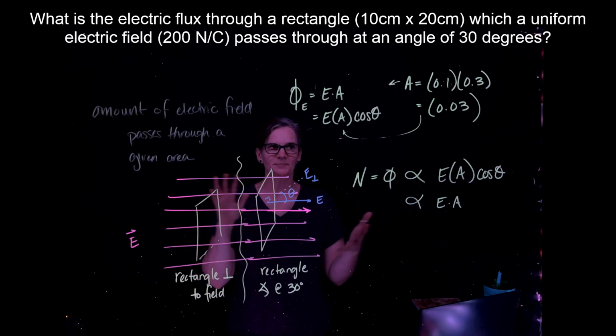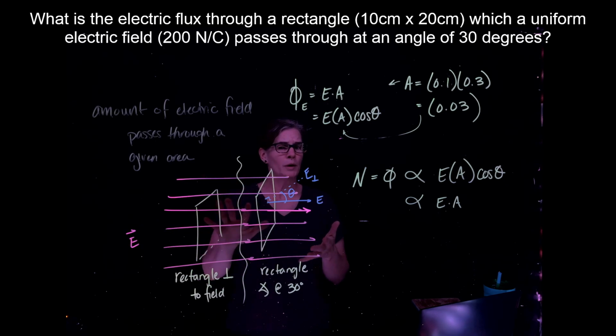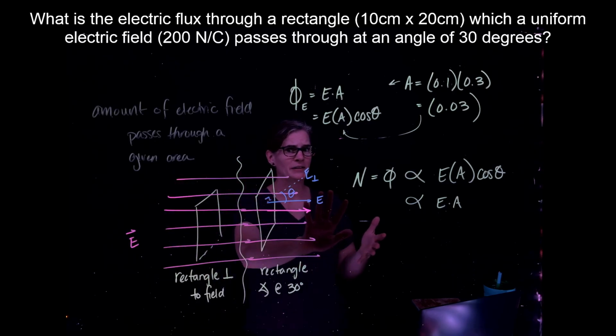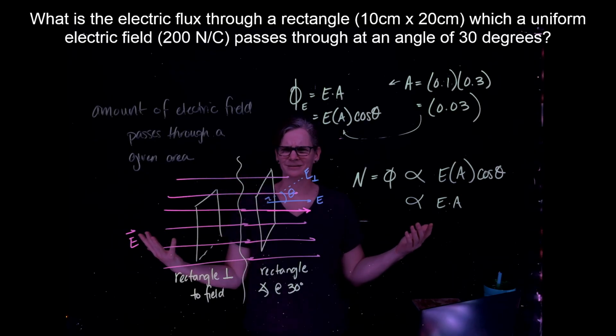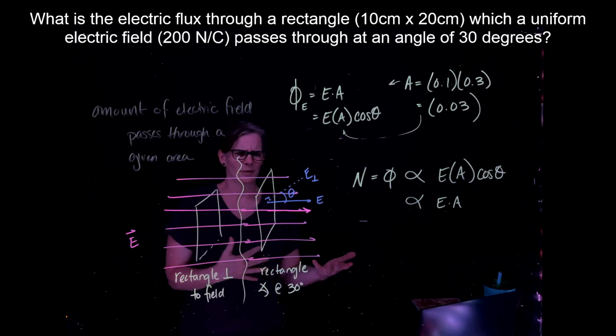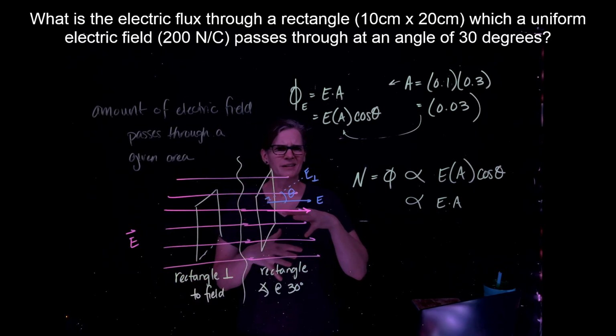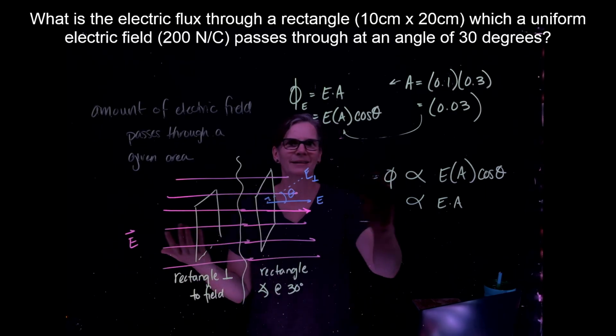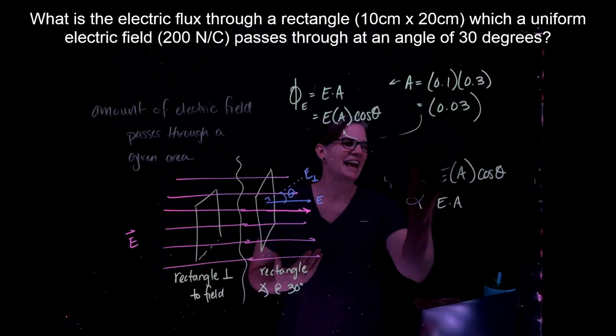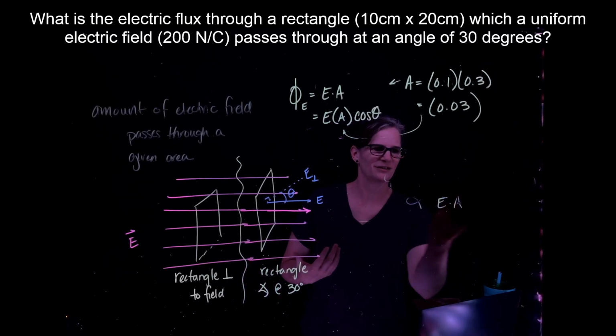Okay. This is all great if our field is uniform and our surface area is flat, but what if it's not? What if our field is not uniform and our surface area is curved? Well, we can use the idea of calculus to get at the electric flux.